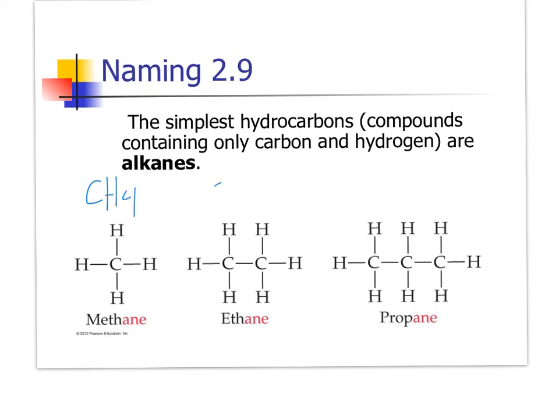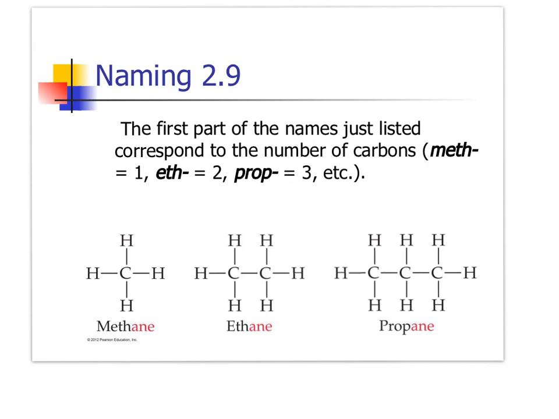Ethane is C2H6, propane is C3H8. How do we know the naming? Meth equals 1, eth equals 2, prop equals 3.